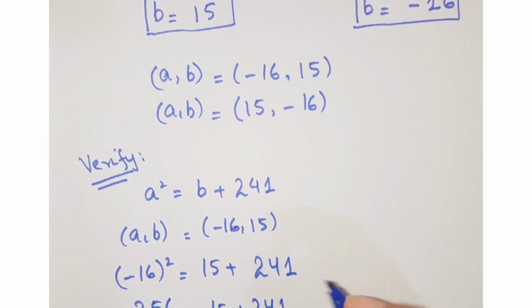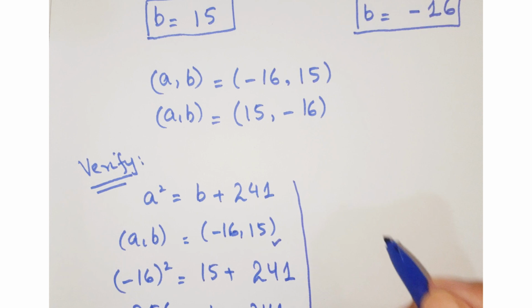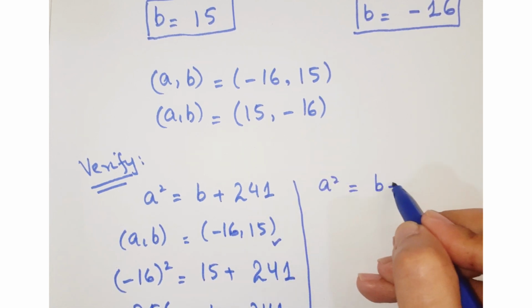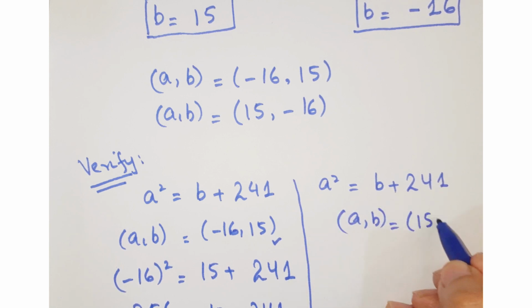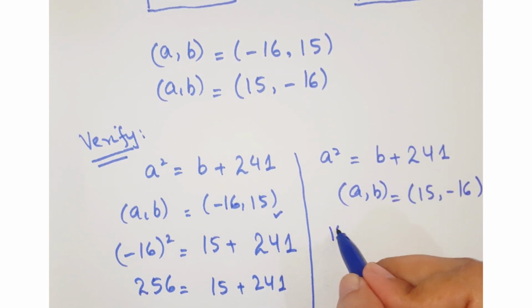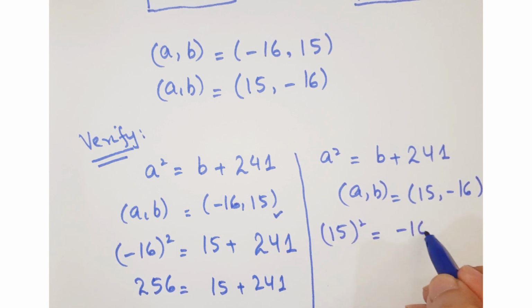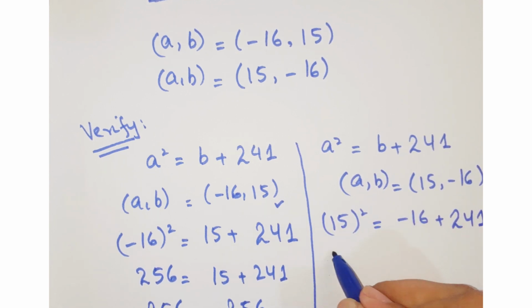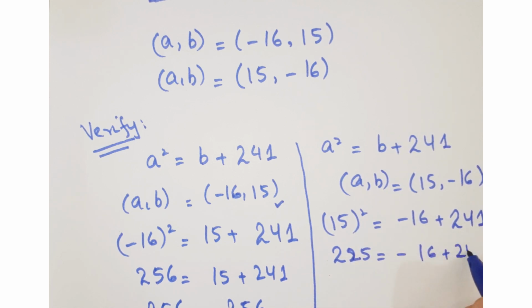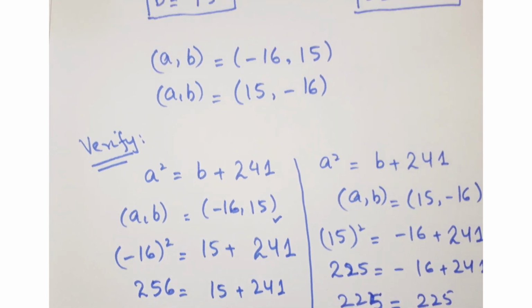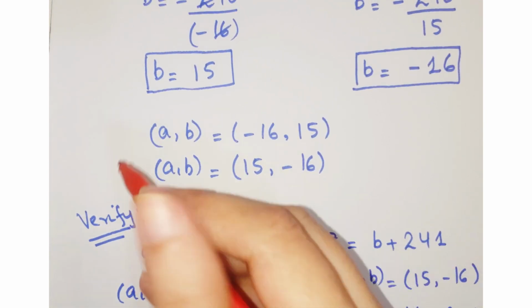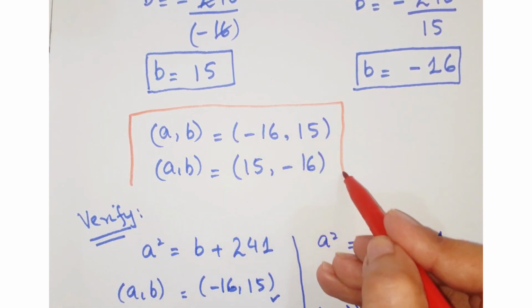So this is verified that this is a correct solution. Now let's check for the other value. That is a comma b is equal to 15 comma minus 16. 15 square is equal to minus 16 plus 241. This is 225 is equal to 225. So we can say that the solution for this question is a verified solution.